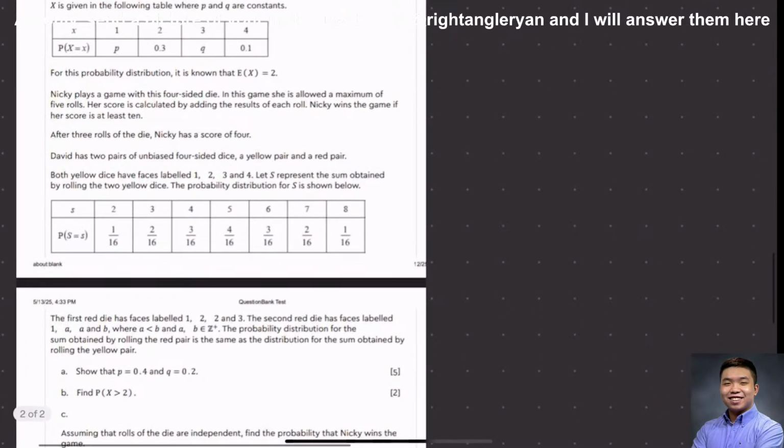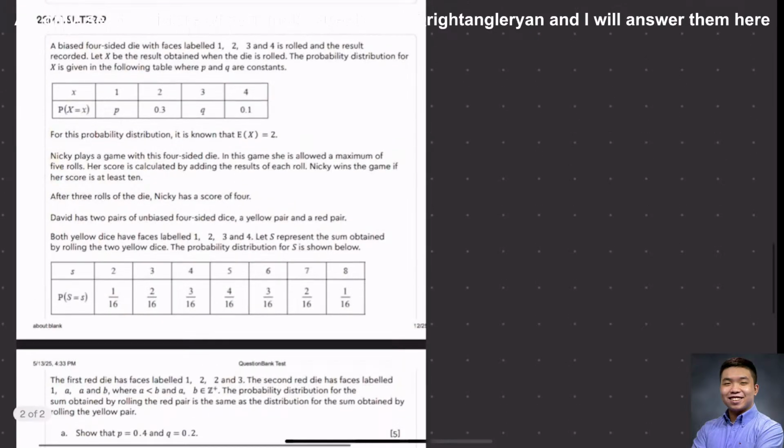The first die has faces labeled 1, 2, 2, 3. The second red die has faces labeled 1, A, A, B, where A is less than B. The probability distribution for the sum obtained by rolling the red pair is the same as the distribution for the sum obtained by rolling the yellow pair. Show that P is 0.4 and Q is 0.2.